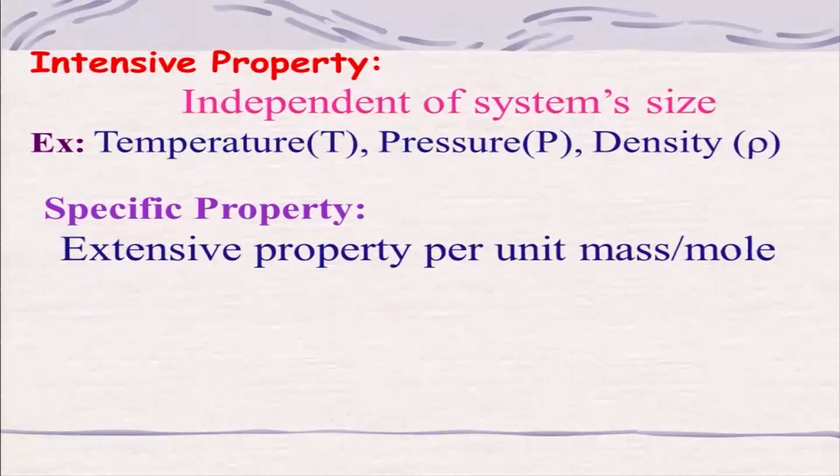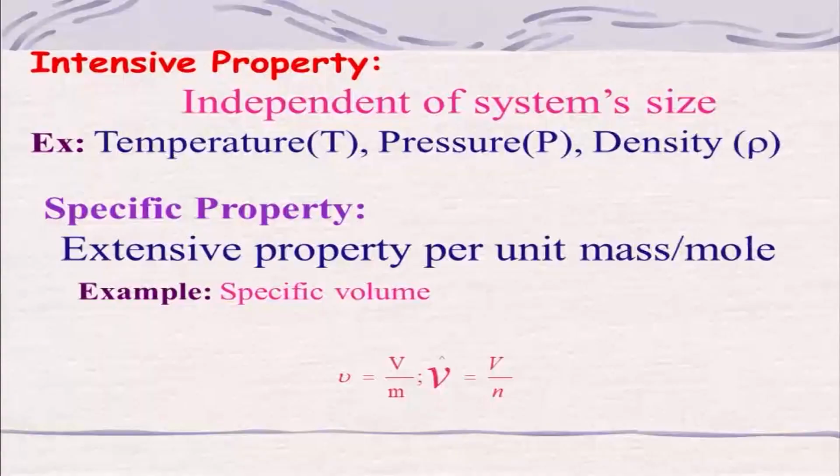Just now in the last example we looked at the specific volume per unit mole, and the volume per se is an extensive property, but the specific volume is an intensive property. Specific property will basically be an intensive property.